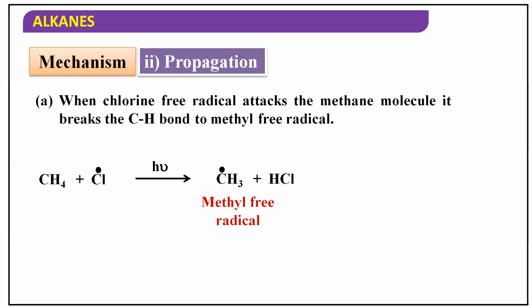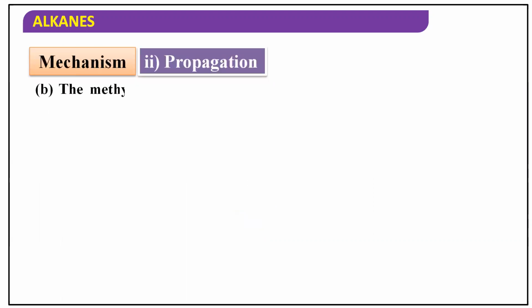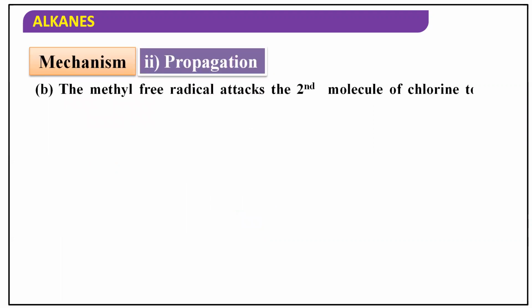So this is propagation. The methyl free radical is there, and already in the first step we know that we have one chlorine free radical. See here, one chlorine free radical we are using, but in the last step we got two chlorine free radicals, right?